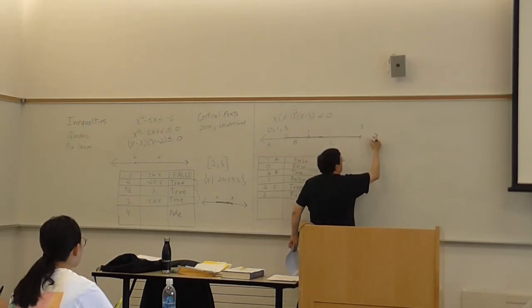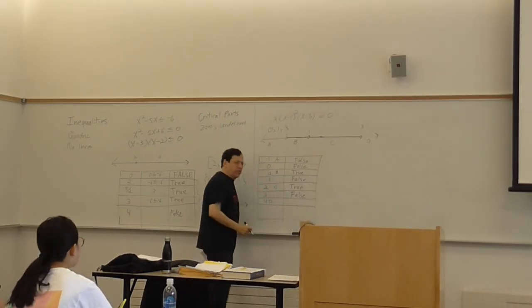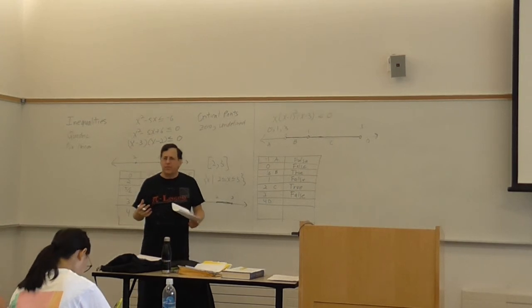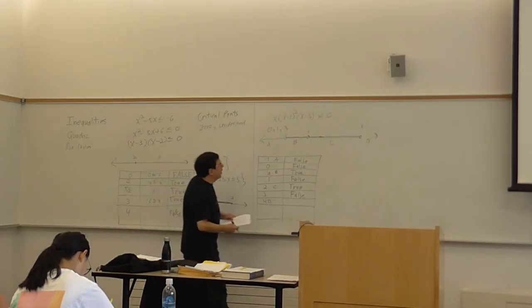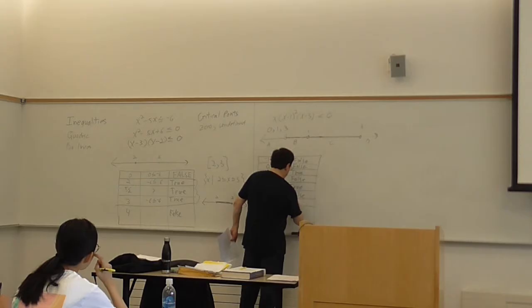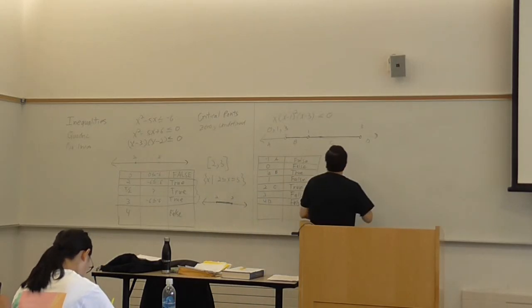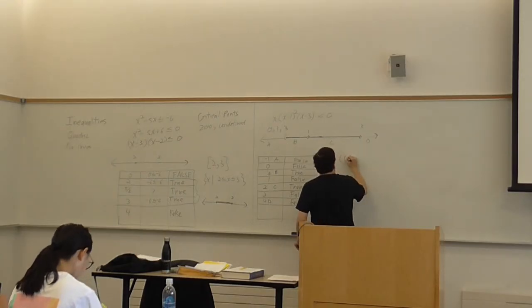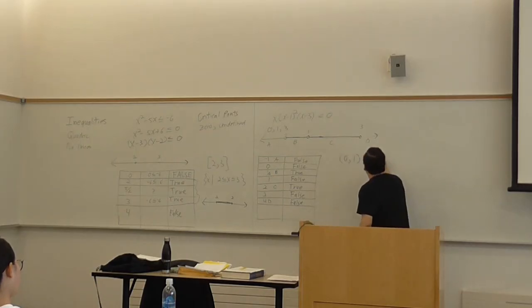And finally, I want to check my D region, so I'll try 4. Notice I'm just using the simplest numbers I can. And when you're doing homework, there's nothing convenient. You can pull out the calculator and figure it out. Okay, 4, this is positive, this is positive, this is positive, so false. So my region here is this open interval from 0 to 1, the union of the open interval from 1 to 3.